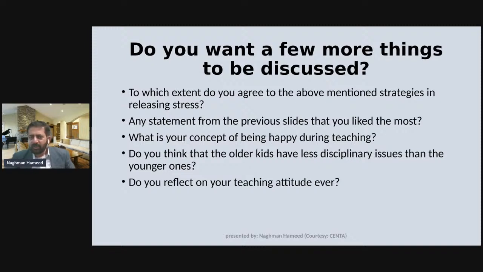That's fine. But we should also reflect on our teaching attitude. So attitude should be changed. Even after teaching for 30 years, I still feel that my attitude should have been different at that stage. I still feel that I should have changed myself in that situation.